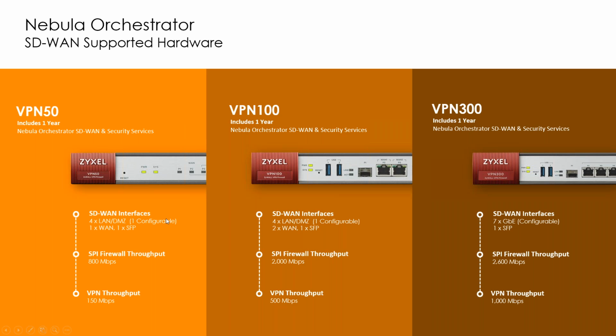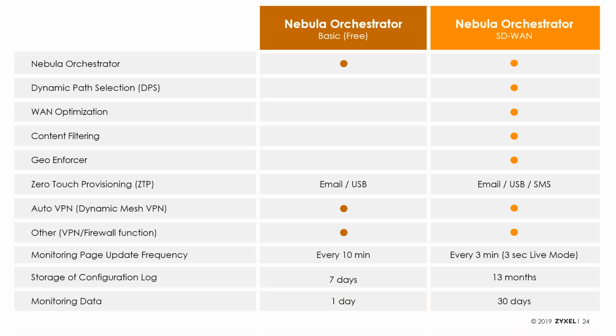Okay, so those are the devices that support this solution, and all devices come with one year of the full SD-WAN license. The difference between the full license and the free SD-WAN license is that the free license is missing the dynamic path selection, WAN optimization, content filtering, and geo-enforcer.